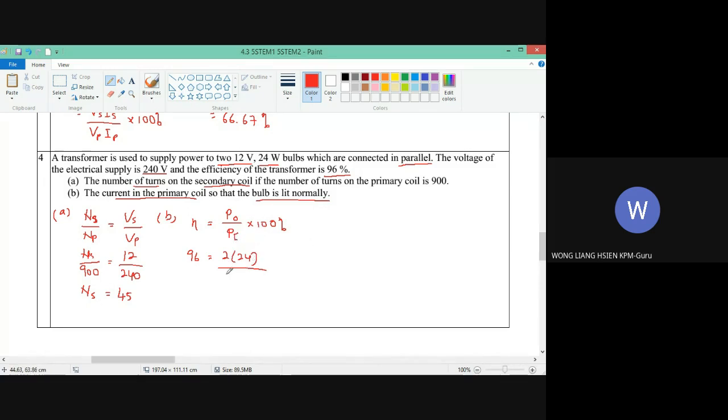Power input is voltage in the primary times current in the primary. So the voltage in primary is 240. The current in the primary coil is the one that we are looking for, times 100%. So solve this to find the current in the primary.